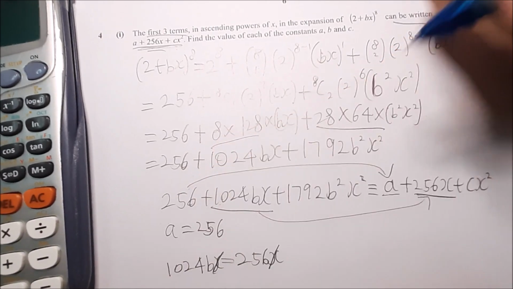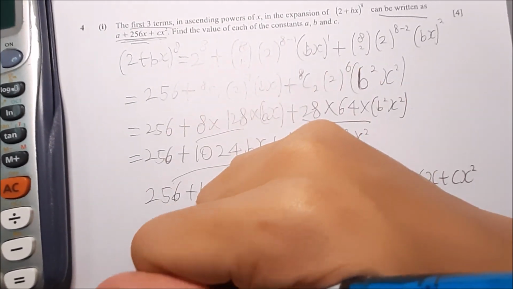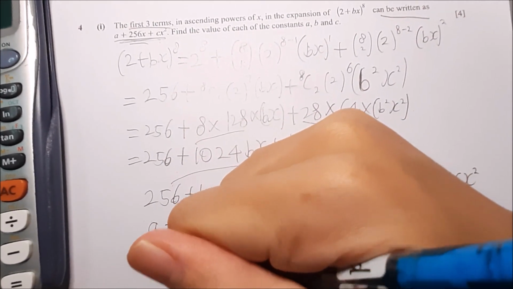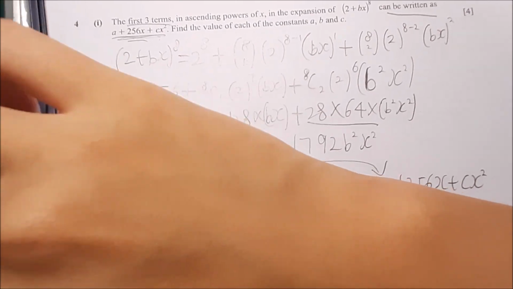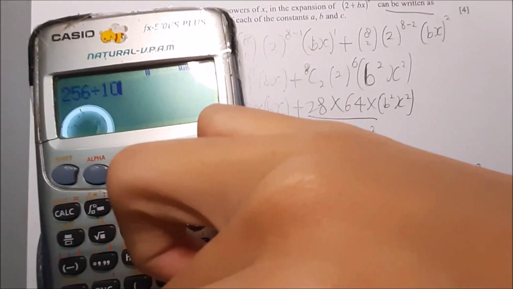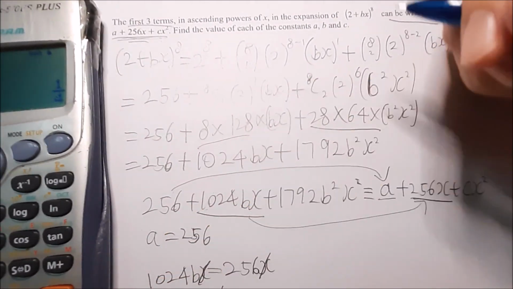So if you cancel out the x, you get b equals 256 divided by 1024, which is 1/4. So b is 1/4.